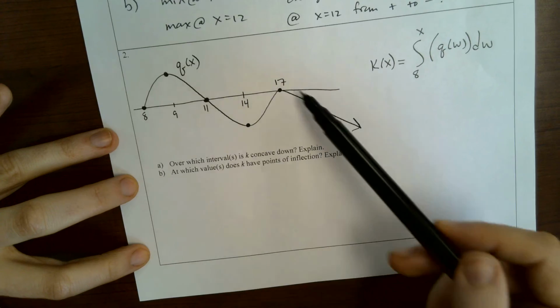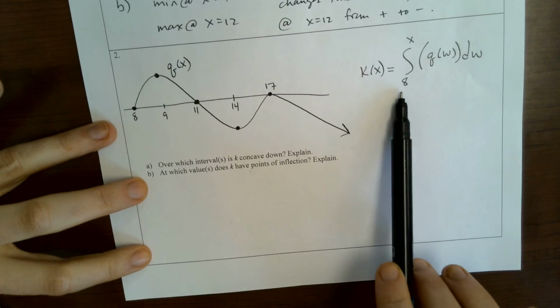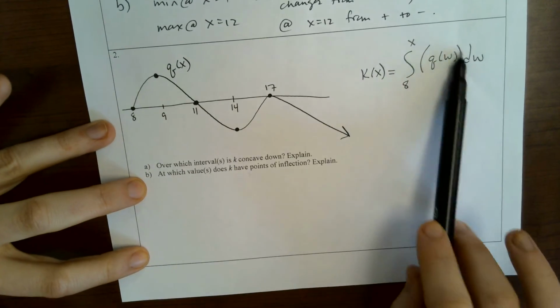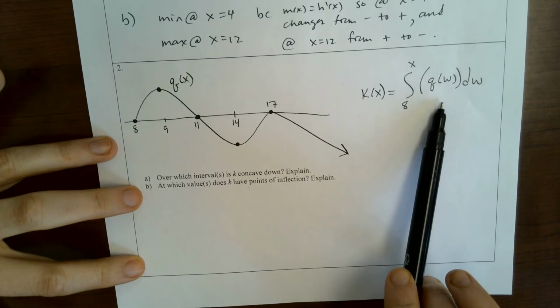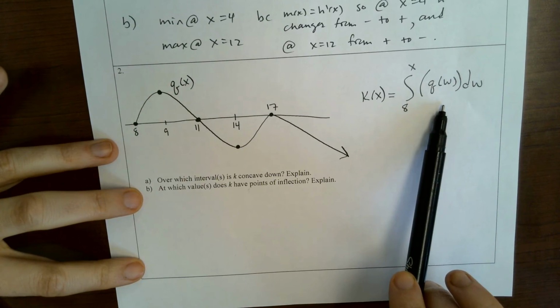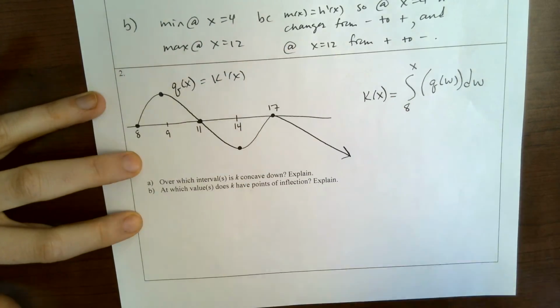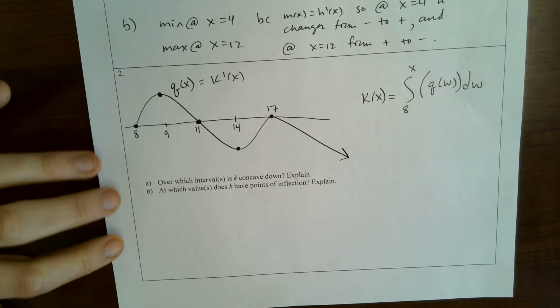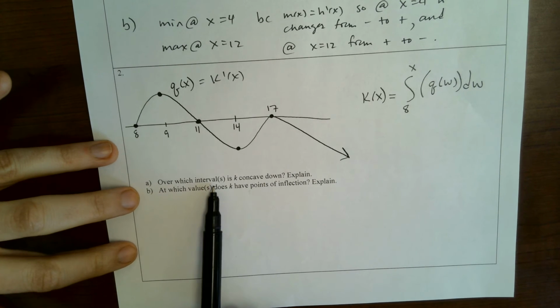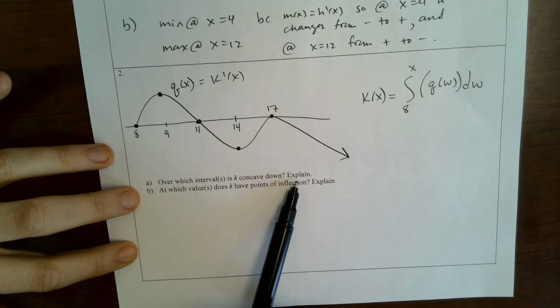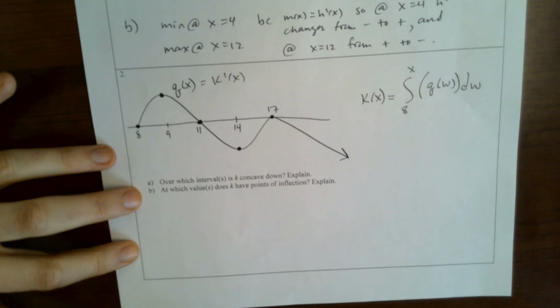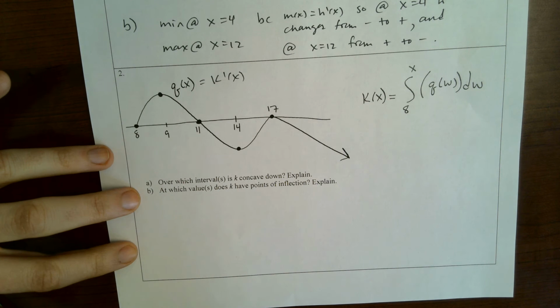Okay, now let's do this one. This time we've got the graph of q, and k of x is defined as this accumulation function with q inside the integral. So the first connection you've got to make, guys, is that q of x is actually k prime of x. That's how these accumulation functions work. So part A, over which intervals is k concave down? What would you have to know about the derivative graph of k to know that k is concave down?